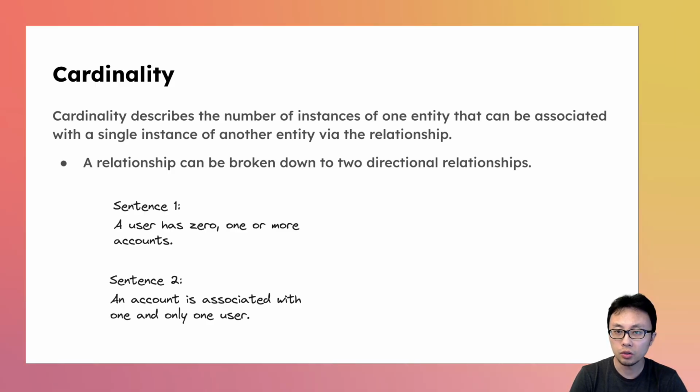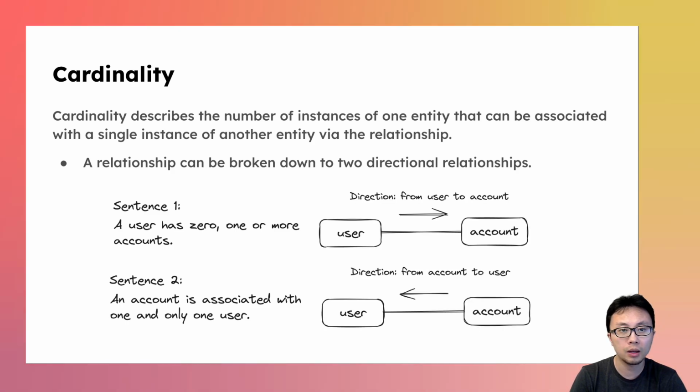The two sentences represent the two different directional relationships. Sentence 1 is about the relationship from user to account, while sentence 2 is about the relationship from account to user. Every relationship can be broken down into two different directional relationships like this.